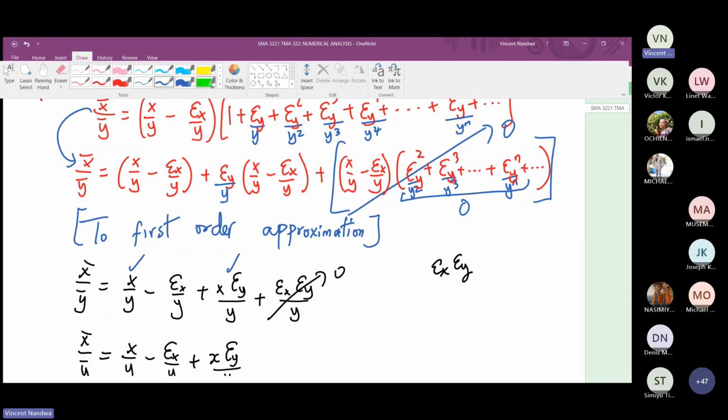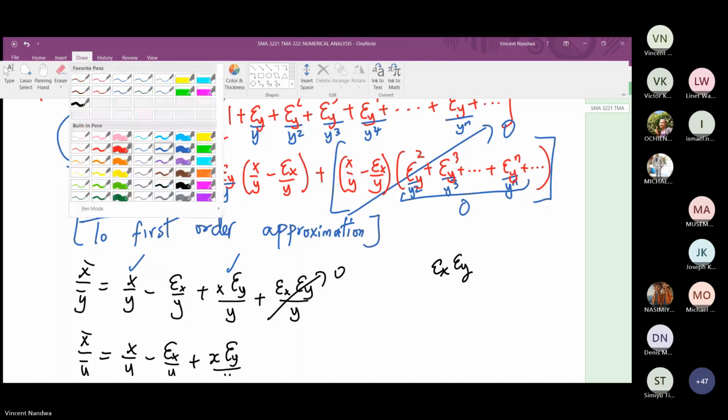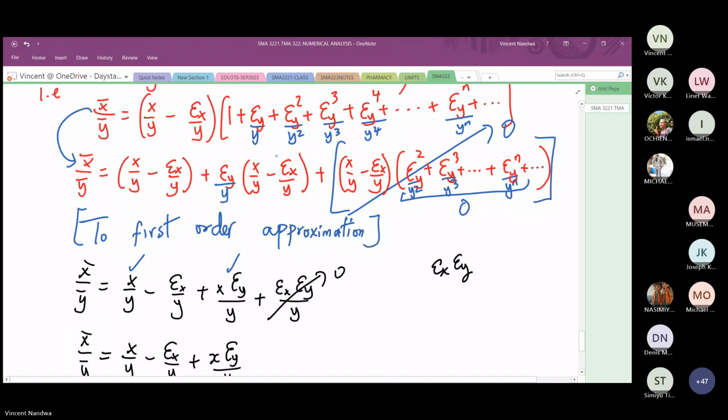We are saying that is y because you see we are picking these first two terms. They are the only two parts in all this second bracket that will give us quantities which have either one error value or a quantity that doesn't have an error value.